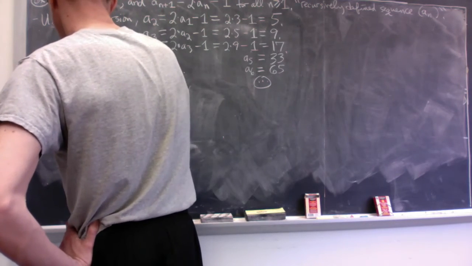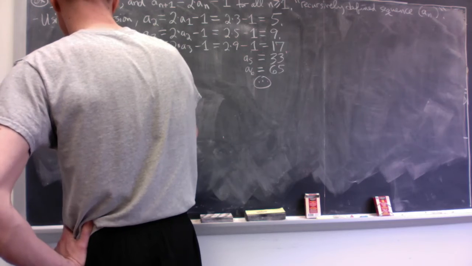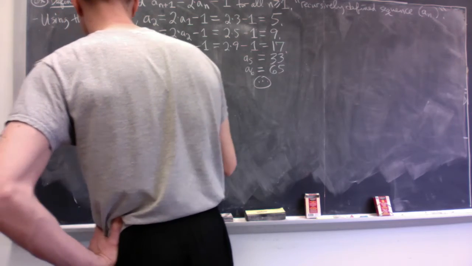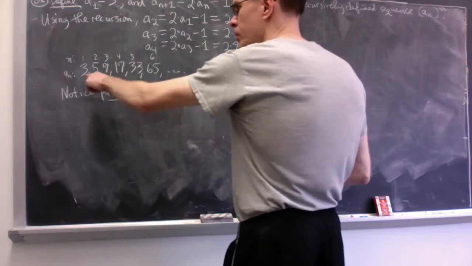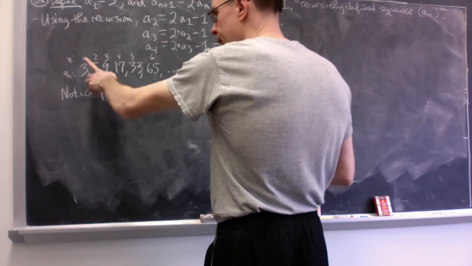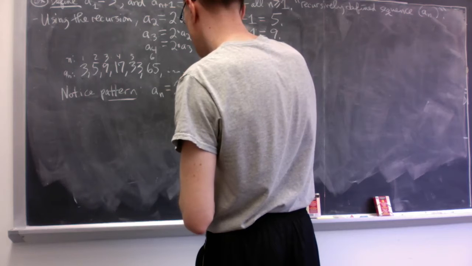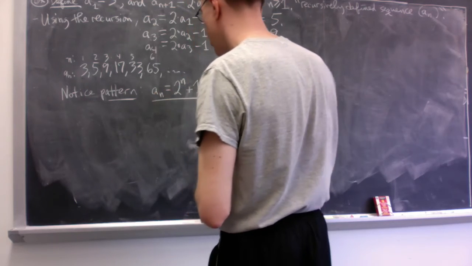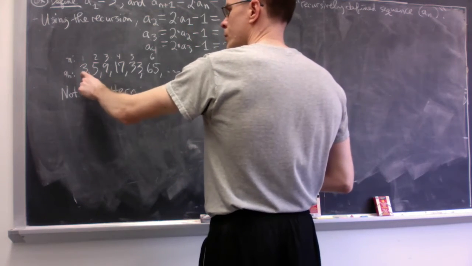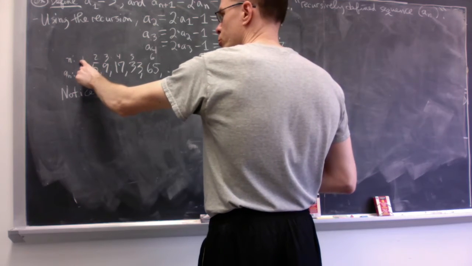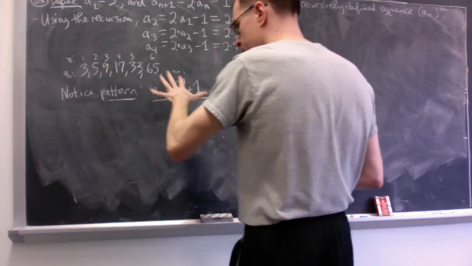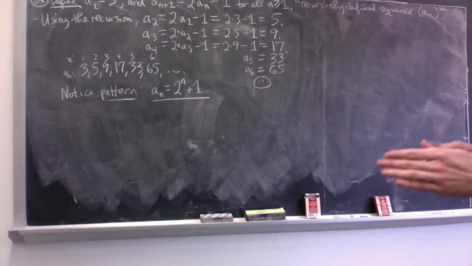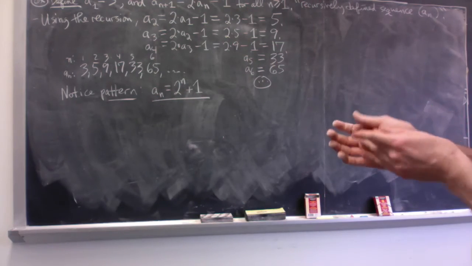In fact, what seems to be true, based on the data so far, is that A sub n is just 2 to the n plus 1, like this. 1 more than 2 to the n, because 2 to the n would be 2, 4, 8, 16, 32, 64. And so this is true for all the values I've calculated so far.